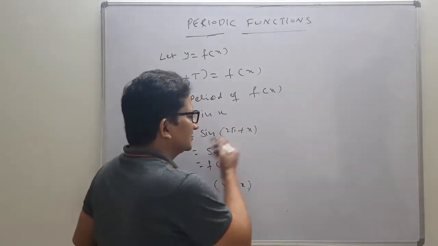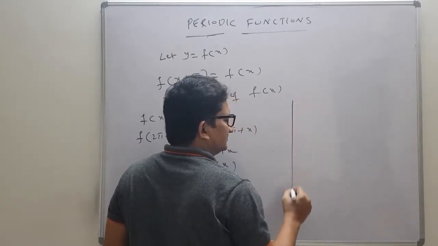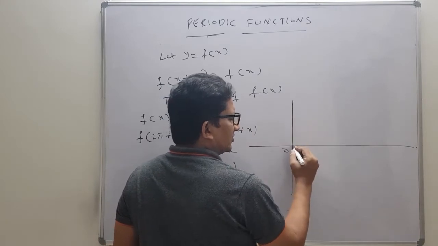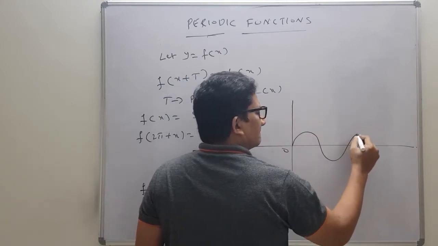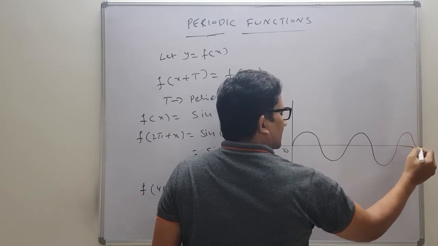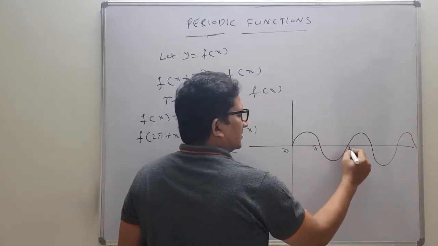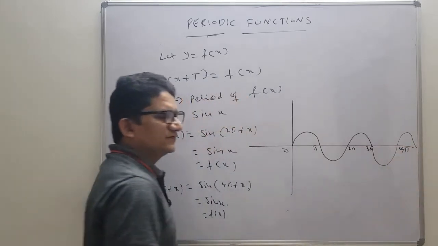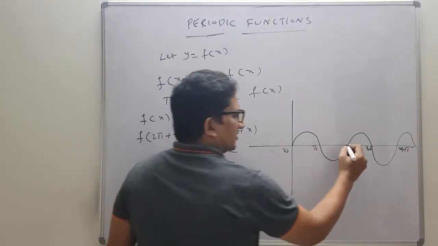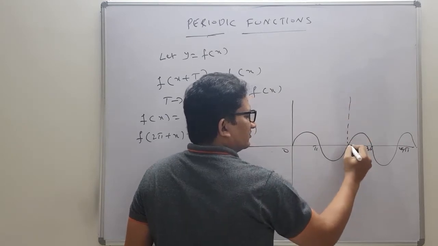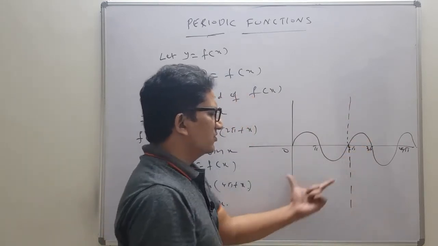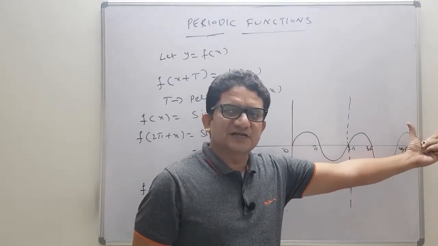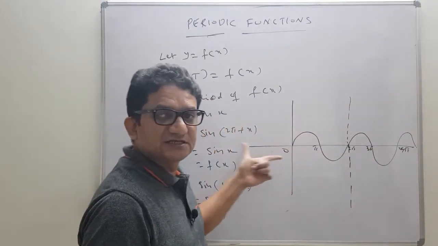Taking the sin x example, I am just taking the positive cycle because of the board problem: 0 to pi, pi to 2 pi, 2 pi to 3 pi and 3 pi to 4 pi. Up to here, if you consider from 0 to 2 pi, whatever structure is there, the same structure is repeated, and it repeats further also, in both directions.